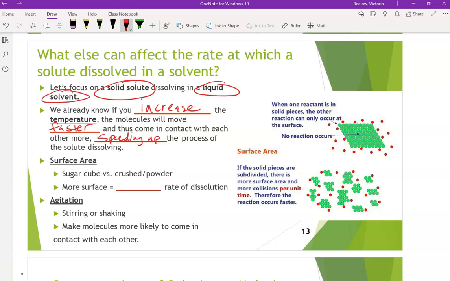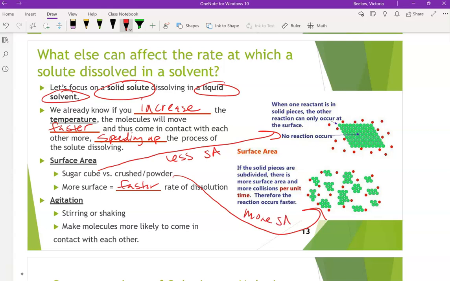Also, the surface area matters as well. I know some people might use sugar cubes in their tea versus granulated sugar. Actually, the more surface area that you have, the faster the rate of dissolution. A sugar cube has less surface area, I'll just write SA for surface area, than something in a crushed or powdered form, like your typical granulated sugar, okay?